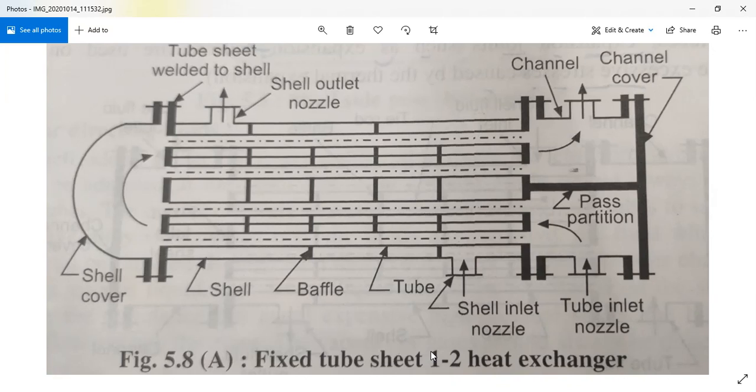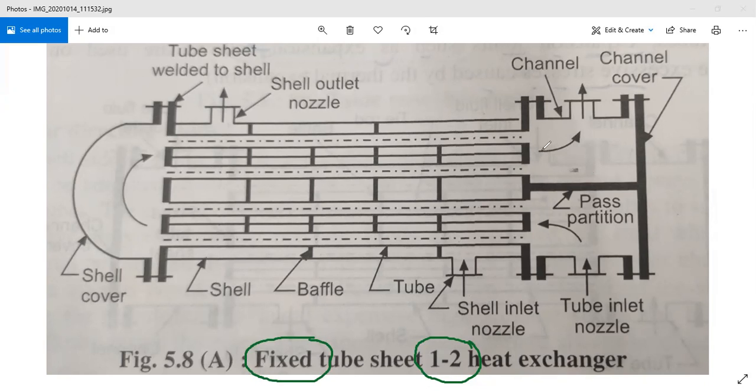Now in this type of heat exchanger, you must understand what exactly this 1-2 is. We have already discussed this 1-2 heat exchanger. Now it is a fixed tube sheet heat exchanger. So why is this name there? What is meant by this fixed tube sheet?